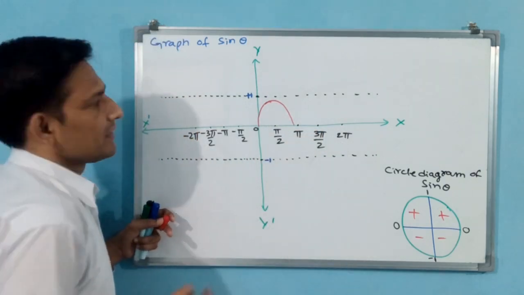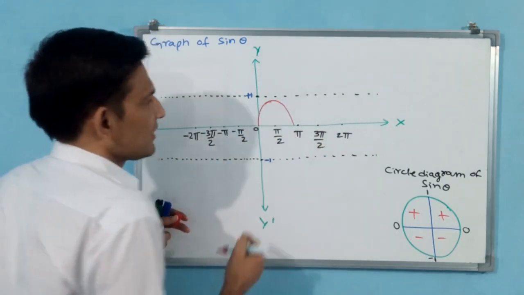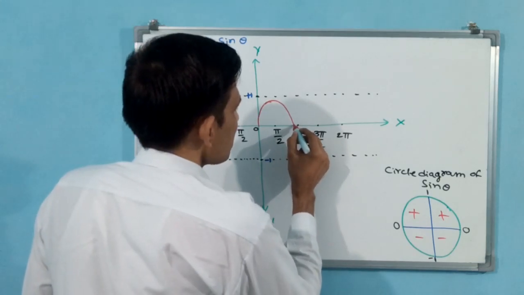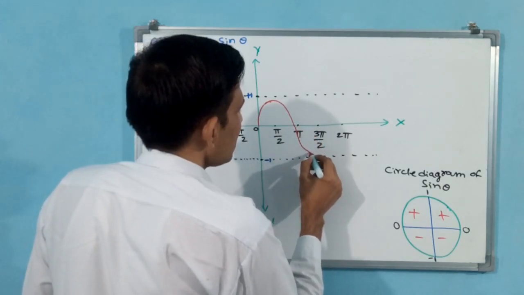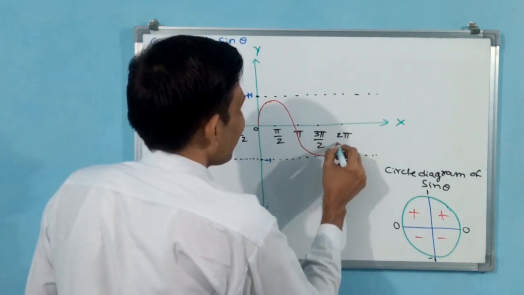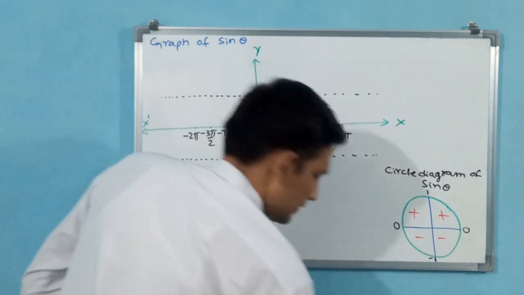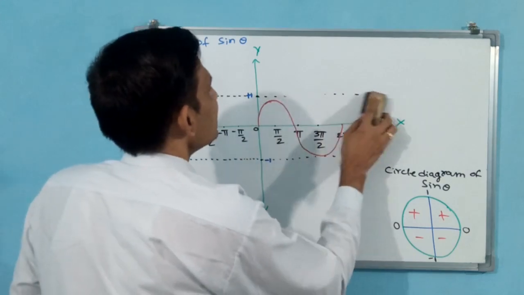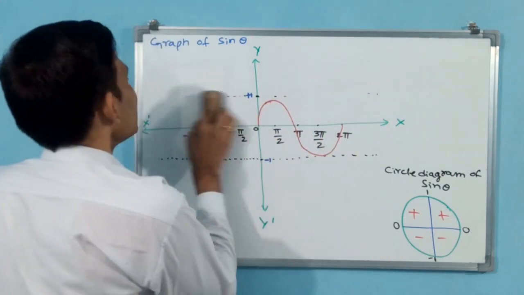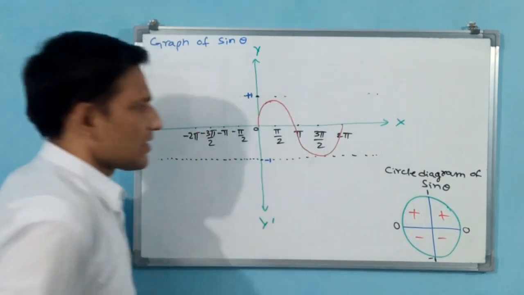Is it correct? Now we will adjust that afterwards. Now again at 2 pi, it has gone back to 0. Now we readjust this. Let us draw the first graph.